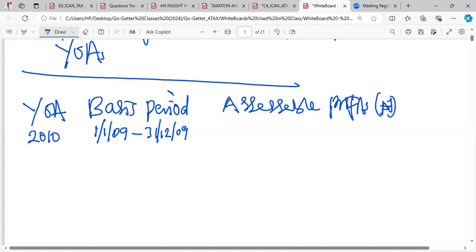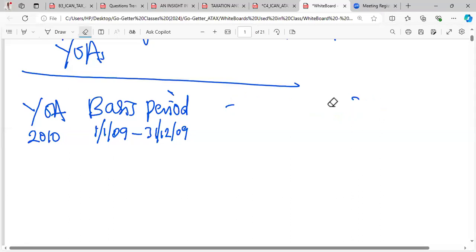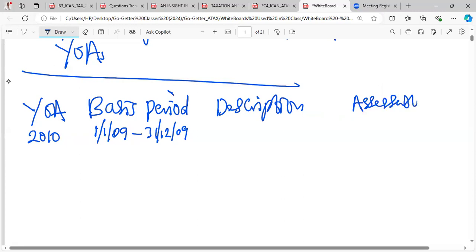Okay, sorry, I should get a space for details before assessable profit. So this could be description, and this is assessable profits.